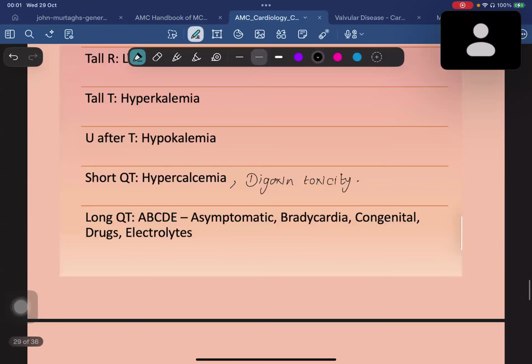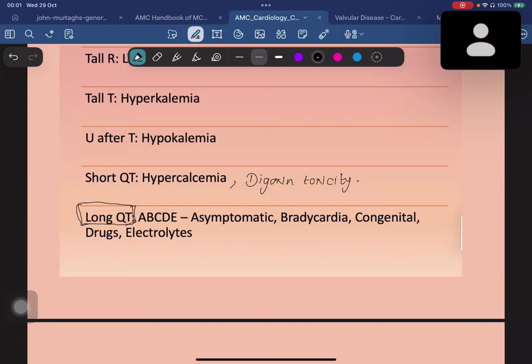So this long QT, they don't even bother to give an ECG. They would just simply use long QT in so many questions in the stem itself. That's why I said while you do questions, you realize what are the most commonly asked areas. I came across this long QT question a lot.